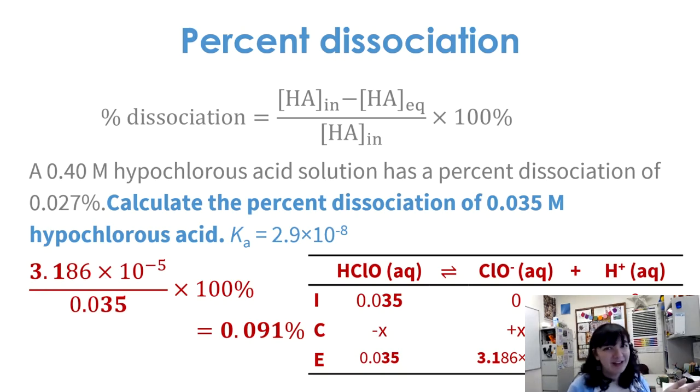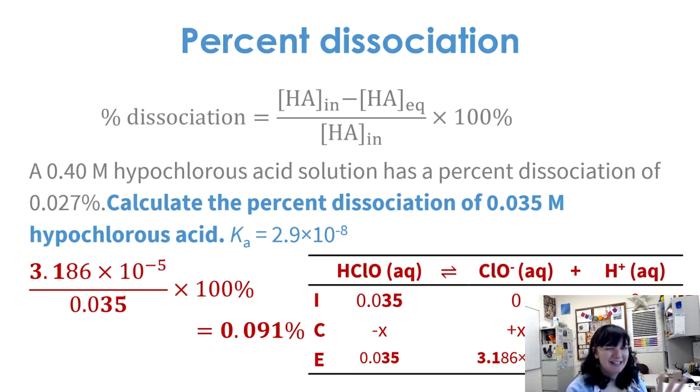So this is just a fun effect of the percent dissociation. Generally, as the concentration of the acid decreases, the percent dissociation actually increases with that. Still, it remains true that a stronger acid is going to dissociate more than a weaker acid would. So expect a higher percent dissociation for a stronger acid.